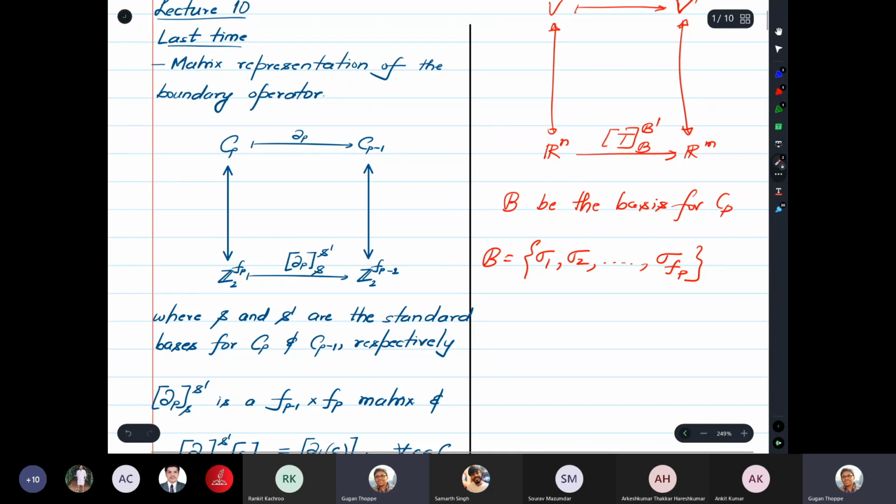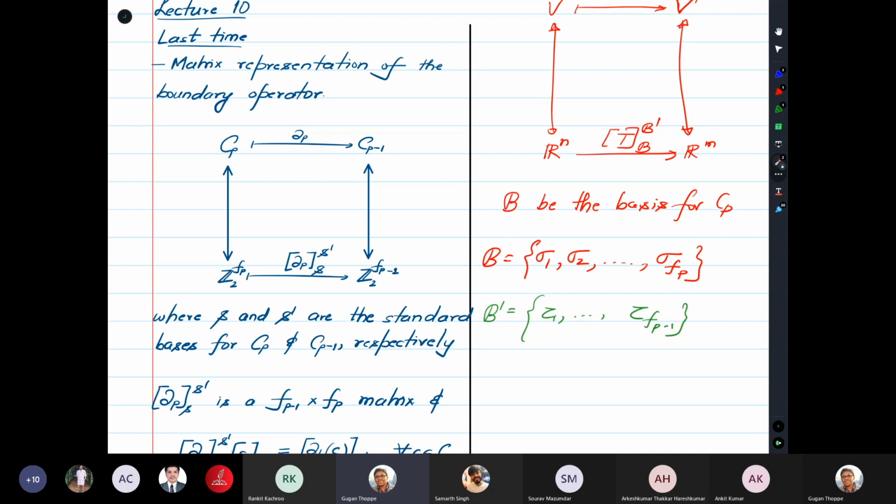Similarly, we can look at the basis for CP minus 1. This will be tau 1, and so on, all the way up to tau FP minus 1. I've used a different symbol, tau, only for convenience. These are the labels for the different P minus 1 chains with support 1. You put them all together and that set forms a basis for CP minus 1.